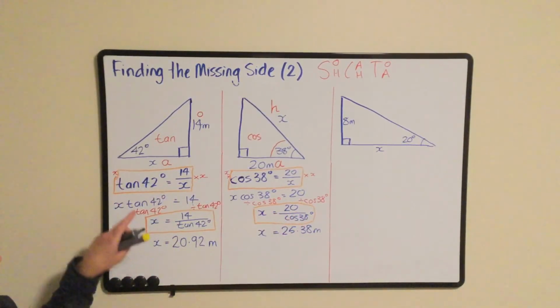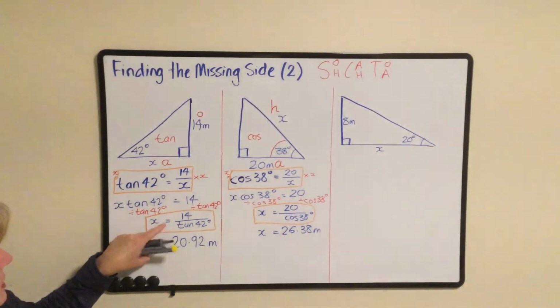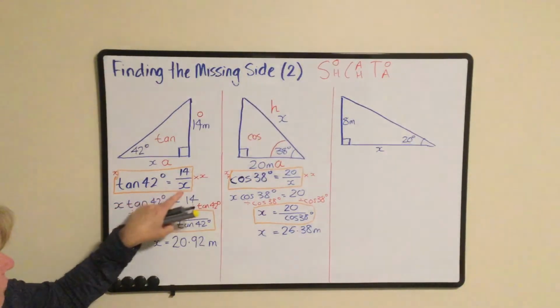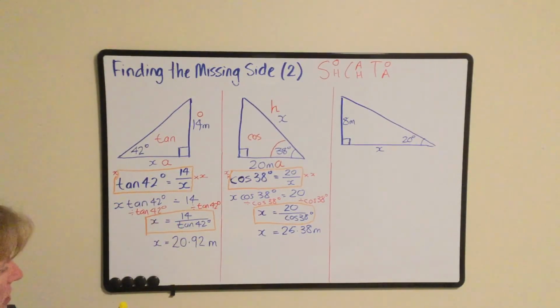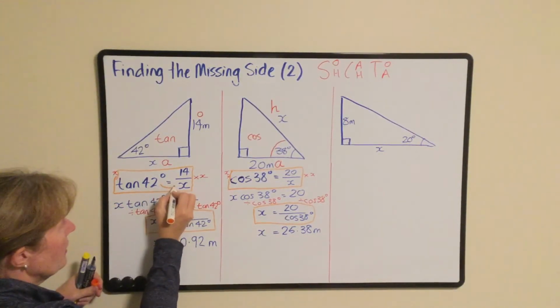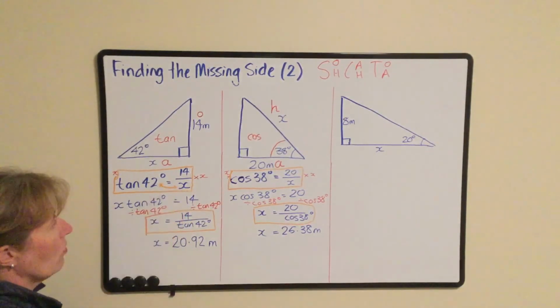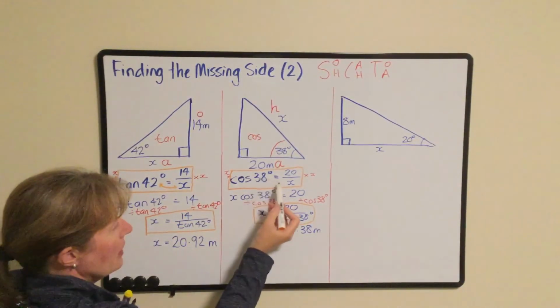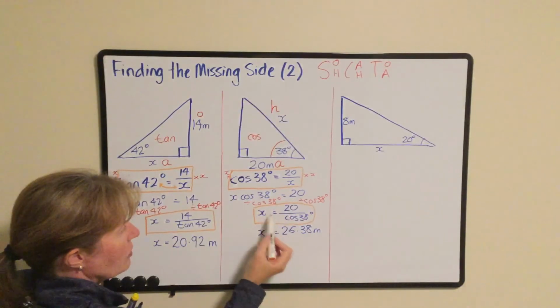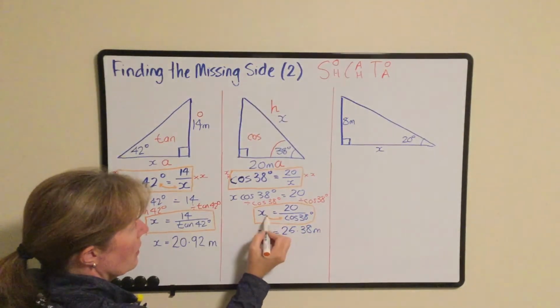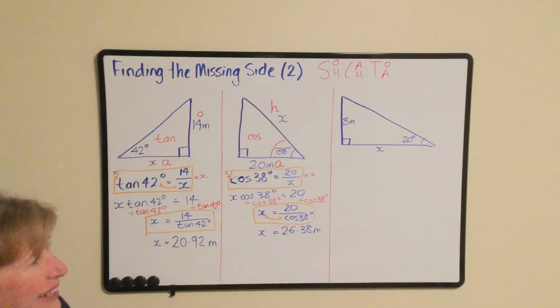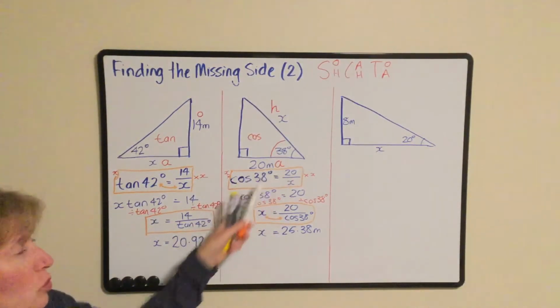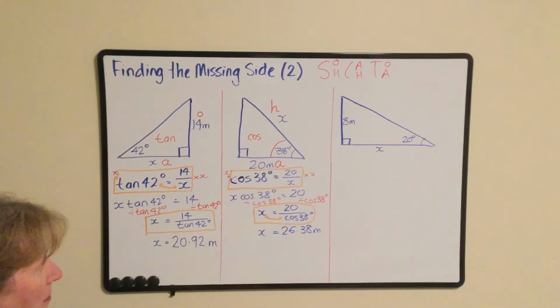Now, can you see that between here and here, what's happened is that the x and the tan 42 have just swapped position. The same thing happened here, the x and the cos 38 have just swapped position. If we can see that that pattern happens, we don't have to do all this algebra every single time.